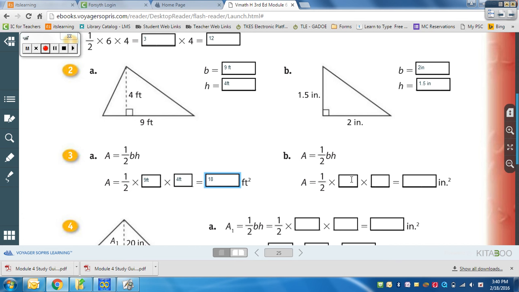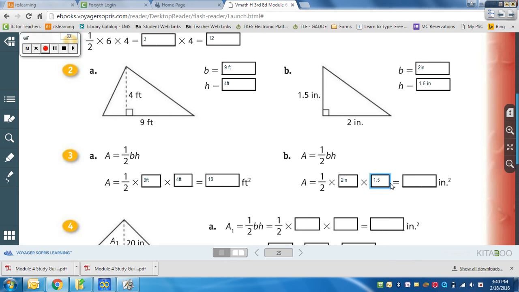The length of the base and the height of the right triangle in problem 2b have been identified. What is the length of the base of the right triangle in problem 2b? It is 2 inches. What is the height of the triangle in problem 2b? It's 1.5 inches.